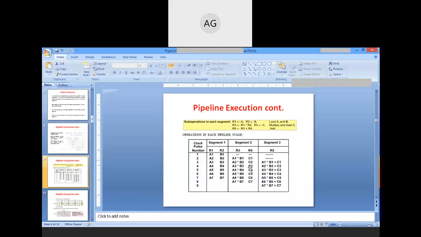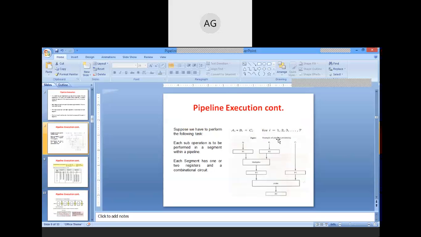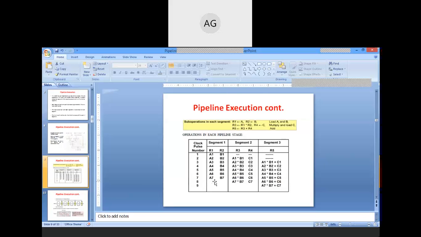This we already discussed in segment 1, segment 2 and segment 3. As in the previous diagram, the value of i exists from 1 to 7, so there is a limit that the i value does not exceed 7.